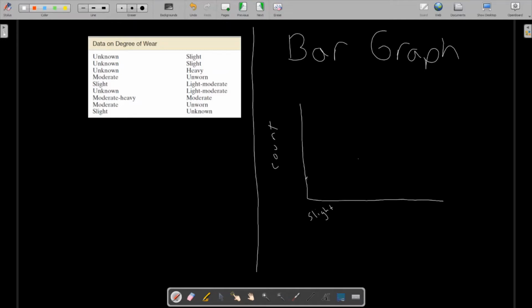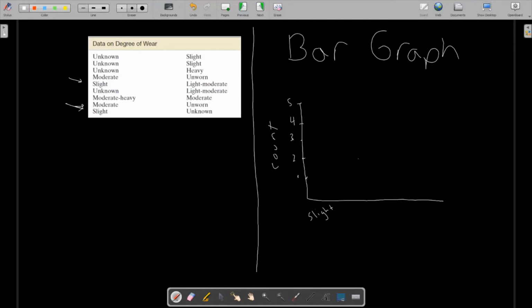And I'll put little tick marks here to represent the number of times we see each one. So we'll start at 1 and go up to 5. And so let's start with slight here. We see that there's one observation right there, one observation right there, and then 2 more in the second column over at the top.